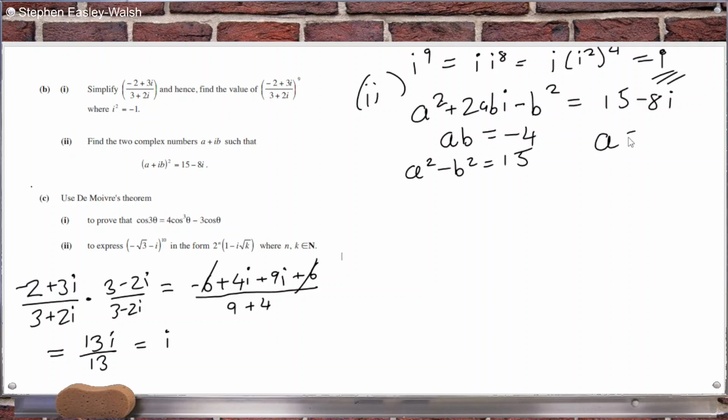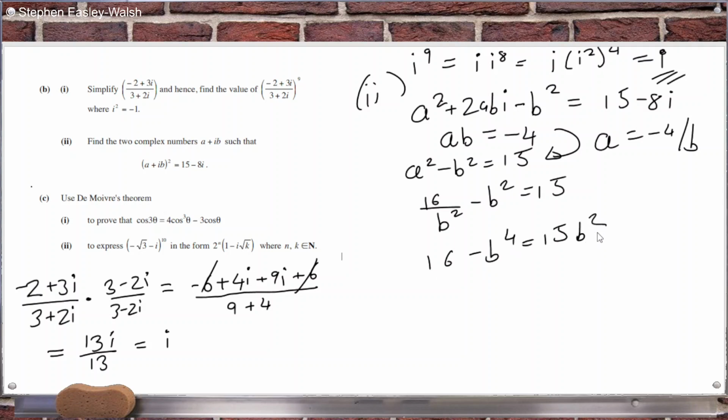So if I say a equals minus 4 over b and sub that in, I get 16 over b squared minus b squared equals 15. I'll multiply by b squared and I'll get 16 minus b to the 4 equals 15b squared.